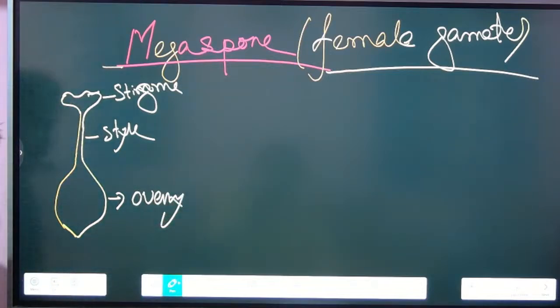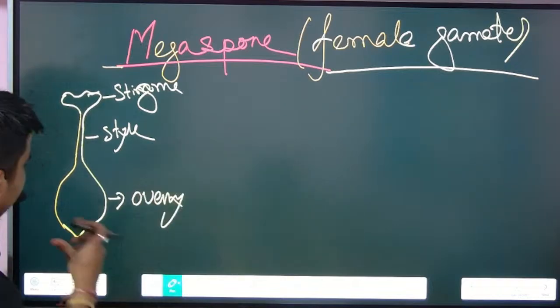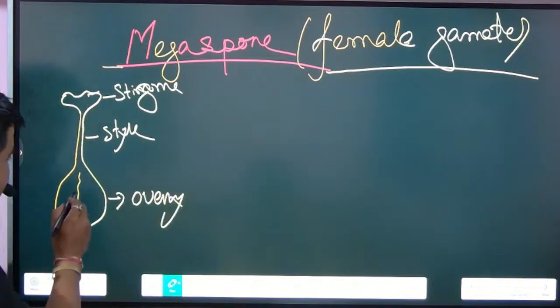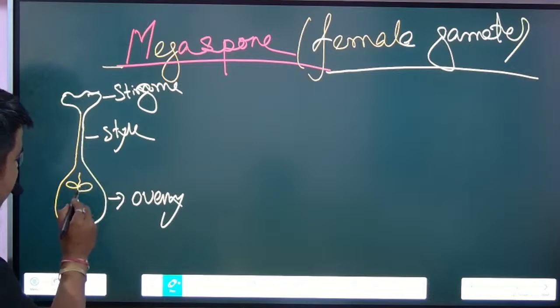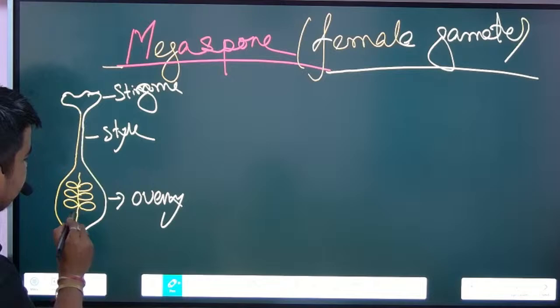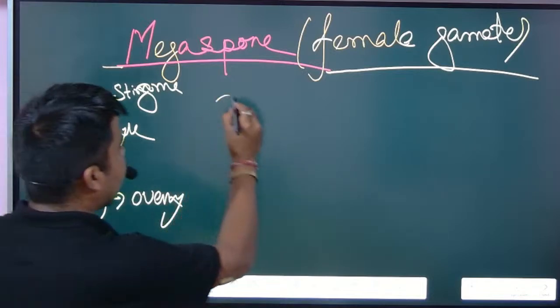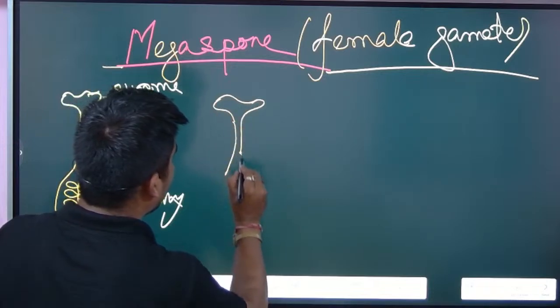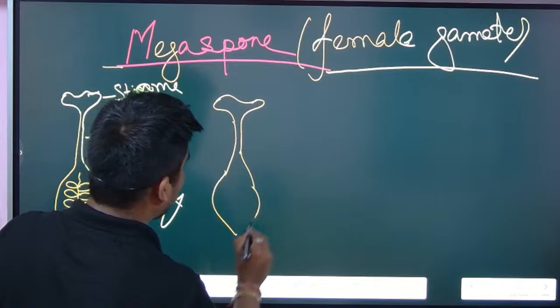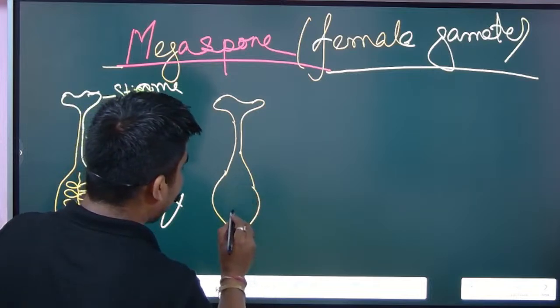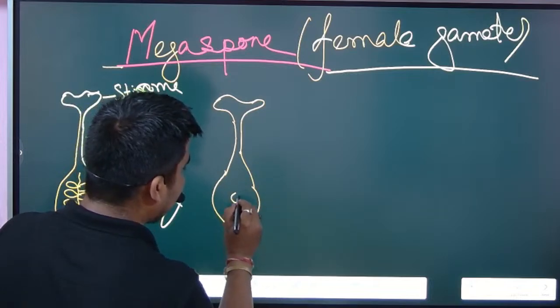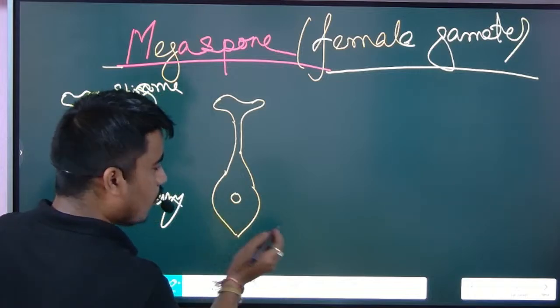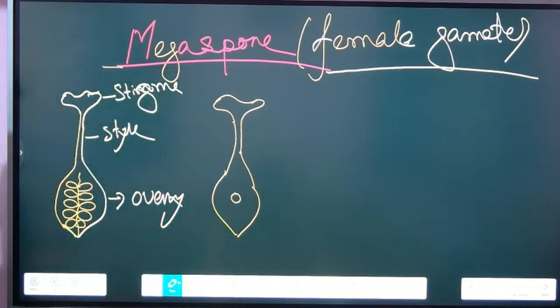This ovary can have multiple ovules or one ovule. Like in sunflower, there can be only one ovule. So there can be one ovule and there can be multiple ovules.